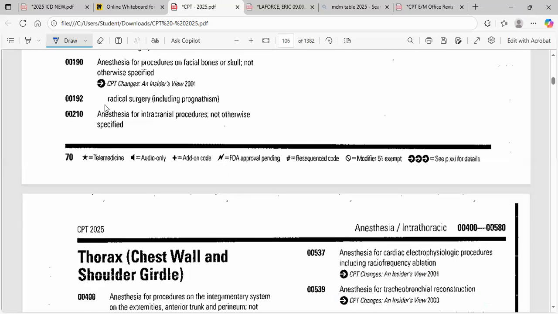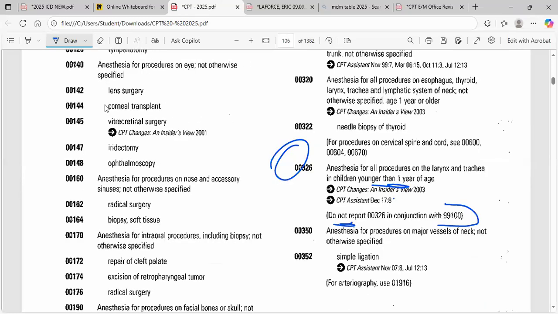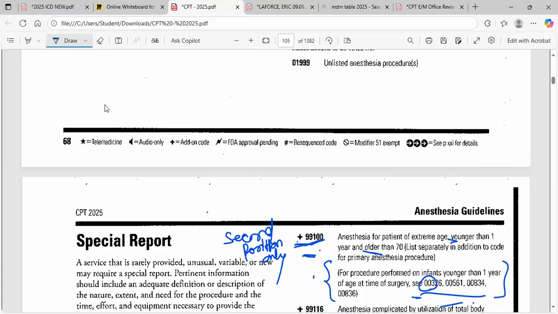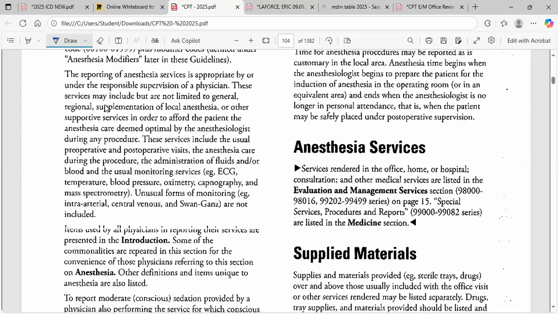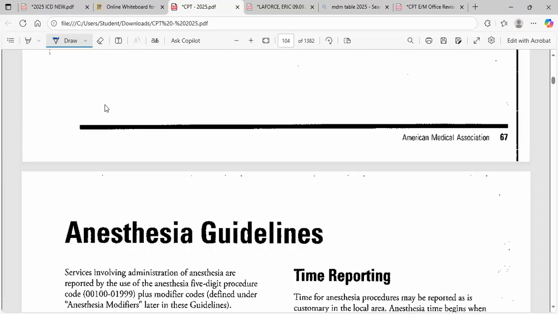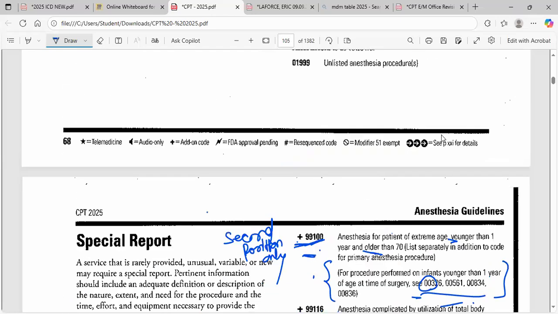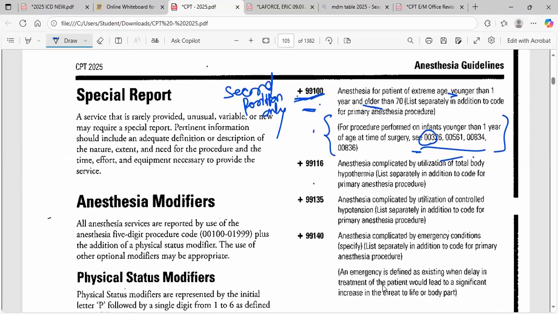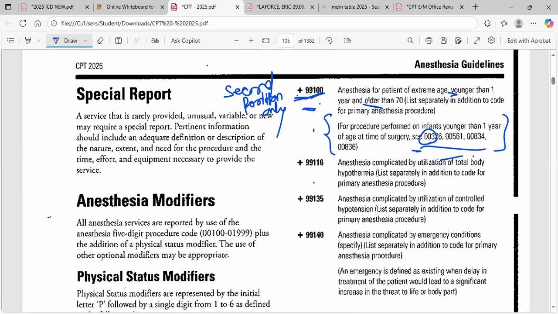Now let's proceed with the next qualifying circumstance, 99116. We have to use 99116 when the anesthesia is complicated by the utilization of total body hypothermia.